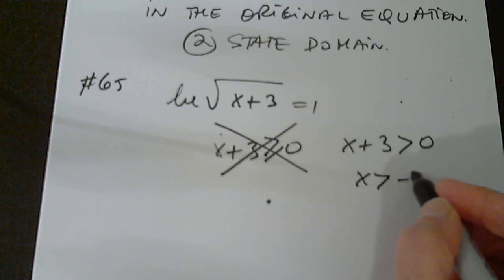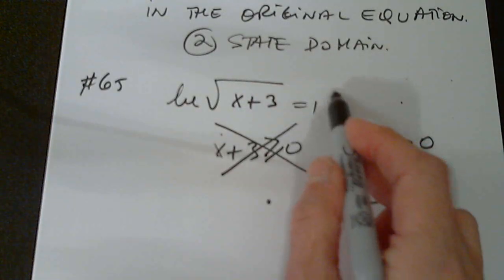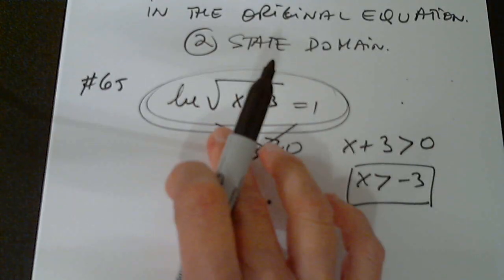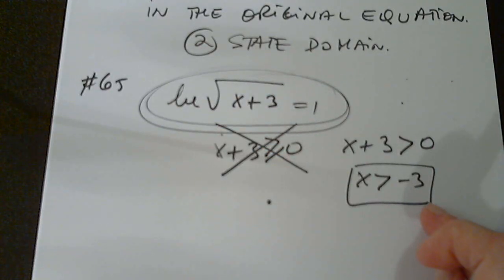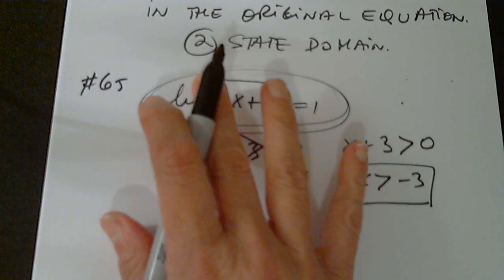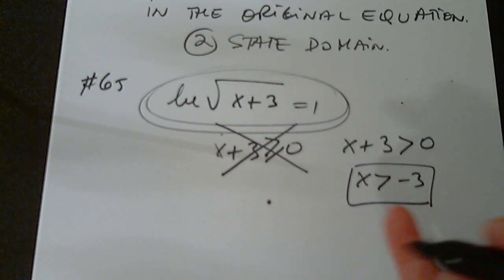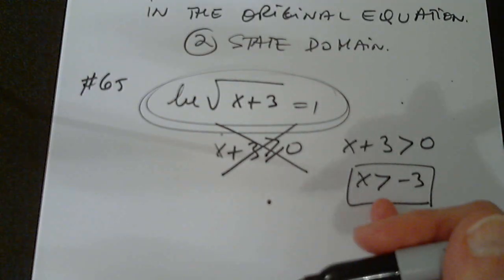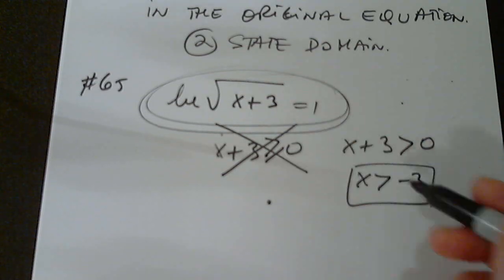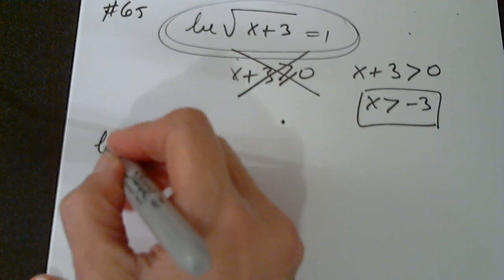So x greater than -3, meaning when I finish solving this equation, if the answer is not a number strictly greater than -3, I'll say no solutions. If I find an answer that is strictly greater than -3, not -3, then I'll say that's the solution.